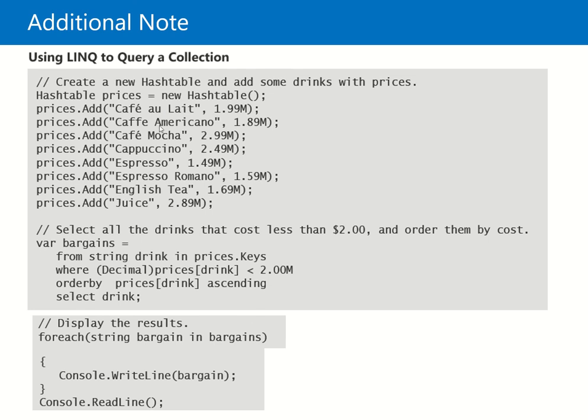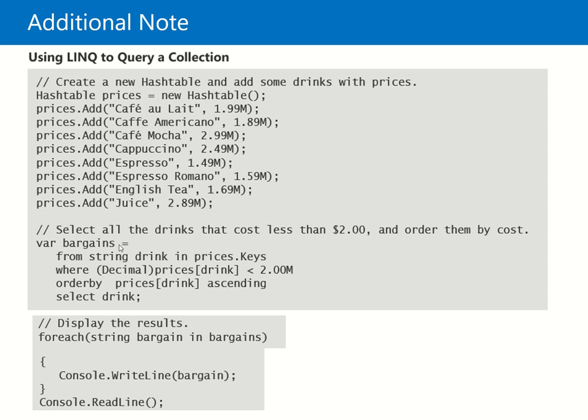You add another one, Americano, this is the price, mocha, this is the price, and so on. So this is for money. M here stands for money. Now select all the drinks that cost less than $2 and order them by.